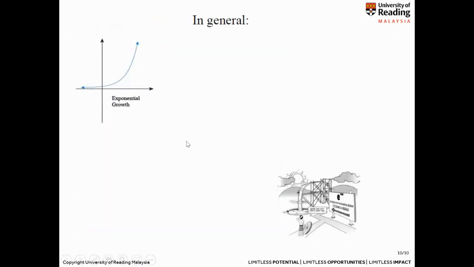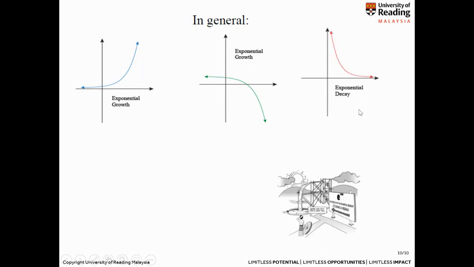Then in general, we have these few cases. When you have this one, we call it exponential growth. For the next one, this is also exponential growth, but this is a reflection. Then this one is exponential decay. And the last one, this is also exponential decay. How do you differentiate?